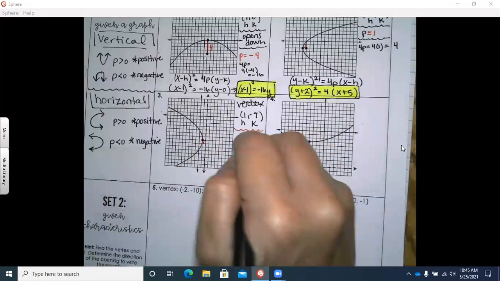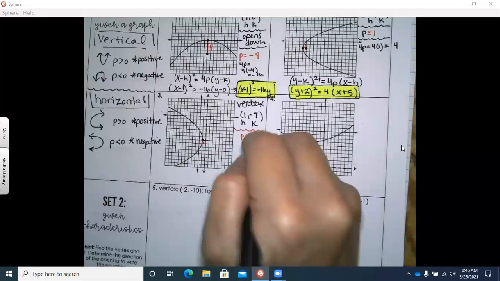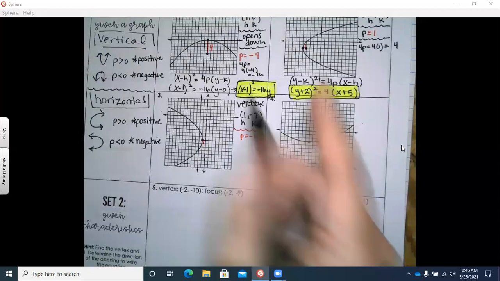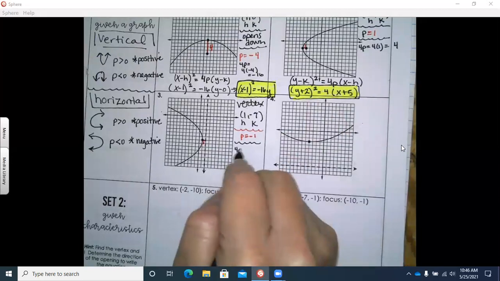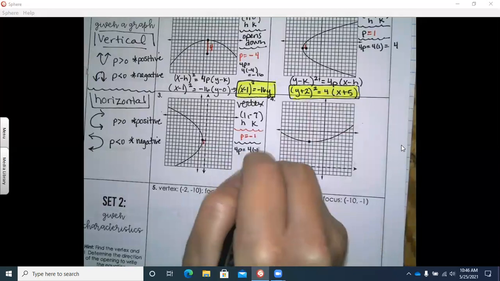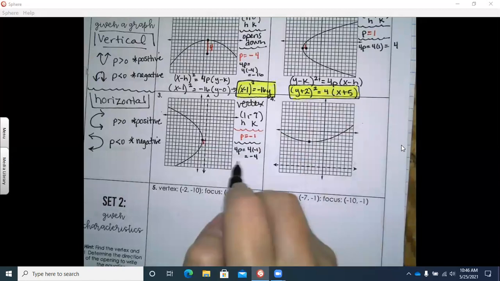And that's where I'm afraid y'all are going to mess up when you're writing the equations. That's the only part that I'm worried about. I'm not worried, but the only part that I foresee issues, just making sure is it positive or negative. But for our equation, we need to know what 4p is. So that would be 4 times -1, which is -4. Okay, since this opens to the left, it's a horizontal parabola.